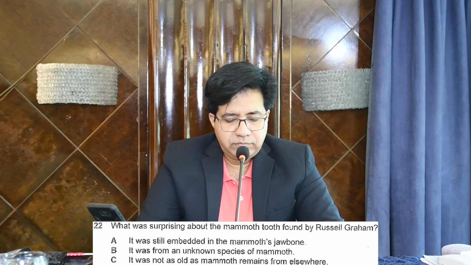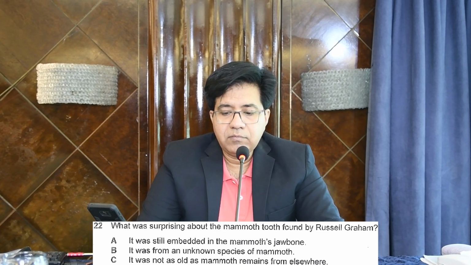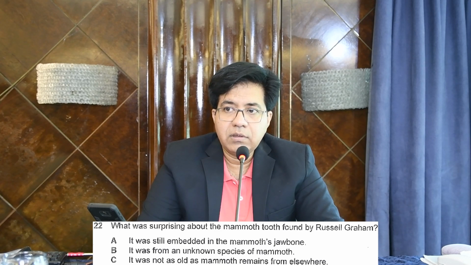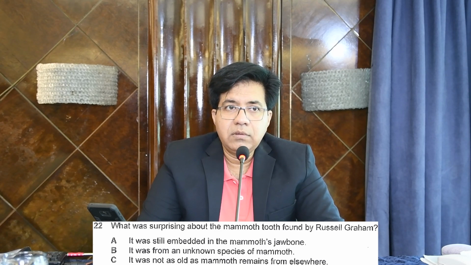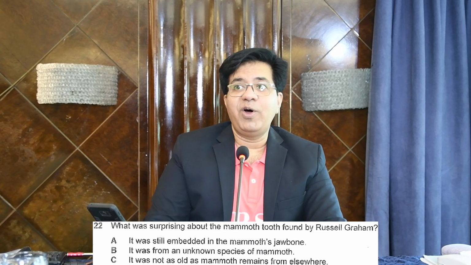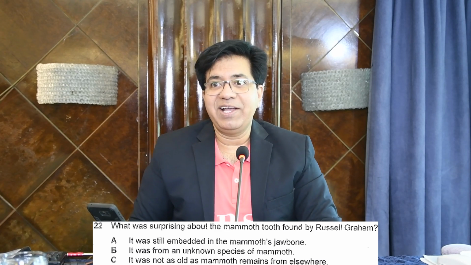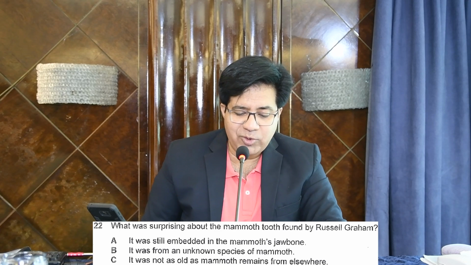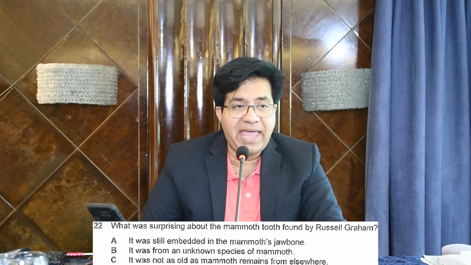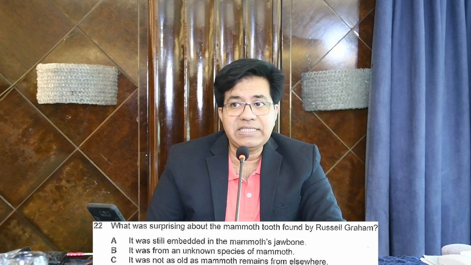Anyway, they found it was 6,500 years old. So why was that significant? Well, the mammoth bones previously found on the North American mainland were much less recent than that, so this was really amazing. Well done, excellent. Not as old as mammoth remains from elsewhere. Okay, C is the right answer.